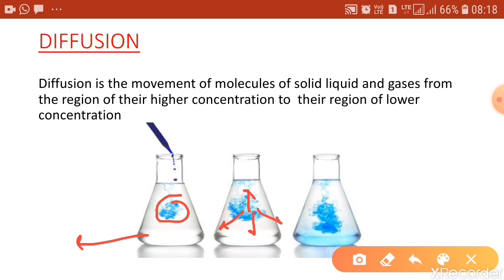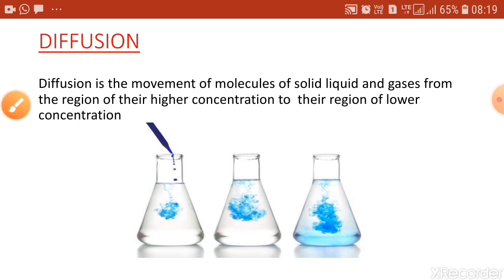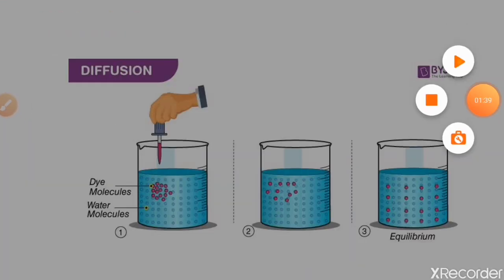That is, it starts moving from the region of its higher concentration to the region where it is not present, to the region of its lower concentration, and at the end you find that the entire solution will be uniformly colored. So this activity shows the process of diffusion.